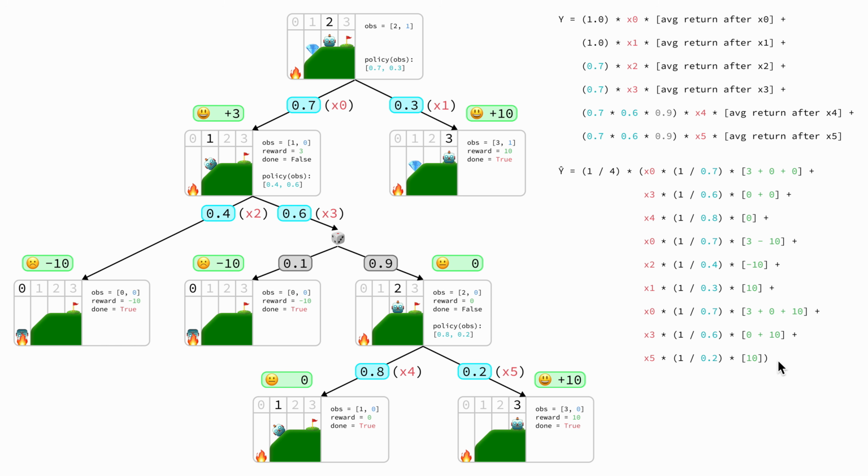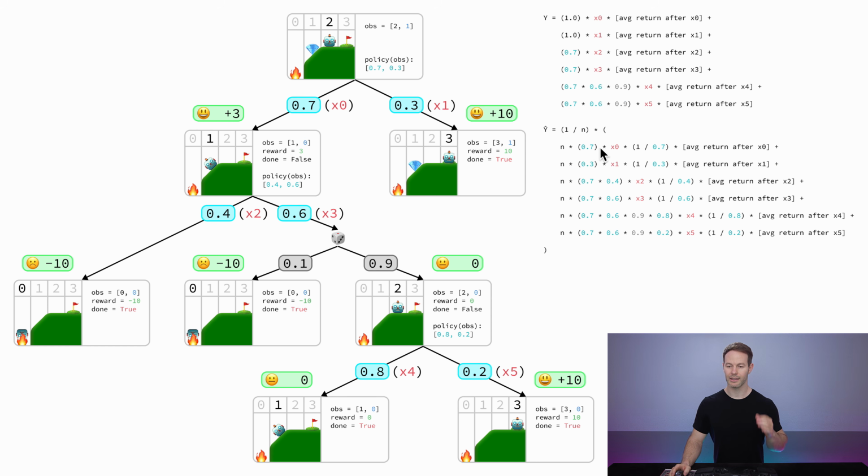And now, on average, this sum, if we have taken n episodes, will be this right here. 1 over n times the probability of taking this action, which will be n times 0.7 for this case, times 1 over this action probability, because we are adding those now to the sum, multiplied by, as before, the average return after taking that action.